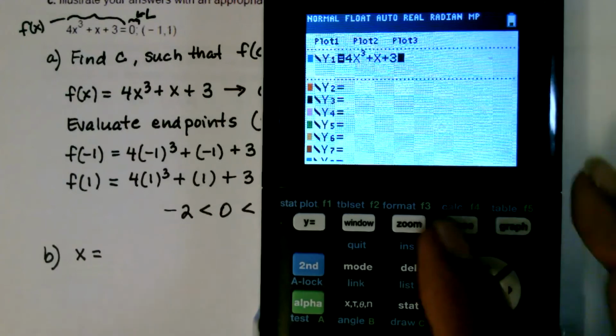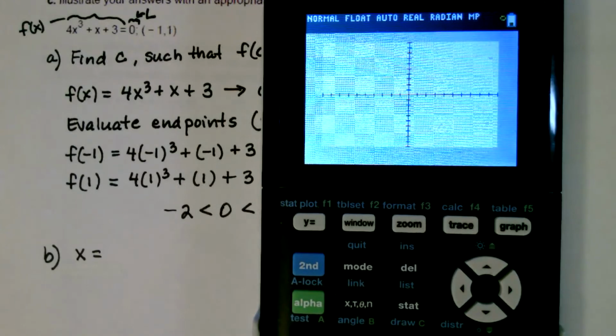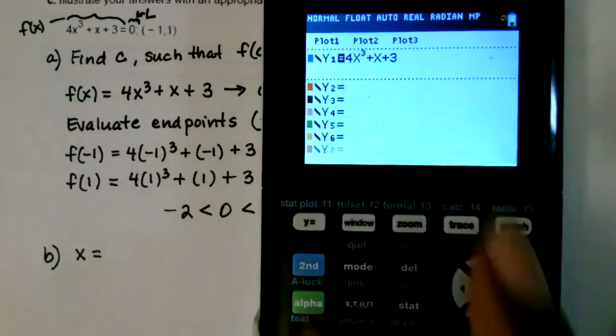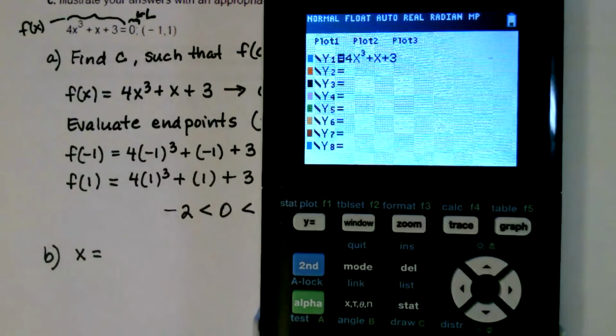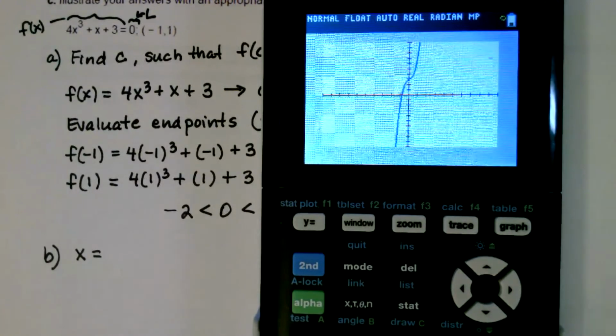And then I'm going to do zoom 6. And that's what the graph looks like. Of course, I might as well include that L, which is 0, so that's y equals 0. Let me go back to y equal to, leave that equation in, but in y2, I just include 0 and then do the graph.